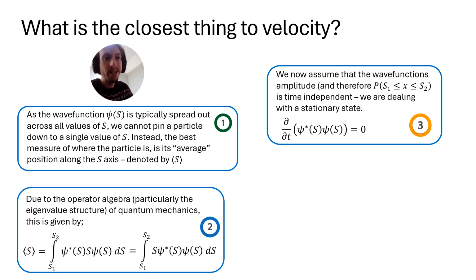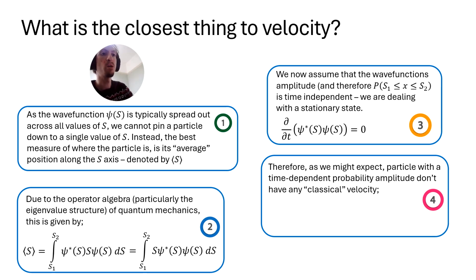And also S is the position, S is the axis along which our particle would in a classical sense be moving, and even in a quantum sense, S is the axis along which the wave function exists, but it's an axis in space. And so clearly the partial derivative of S with respect to time is 0, and putting all of that together, we conclude that particles have 0 classical velocity.